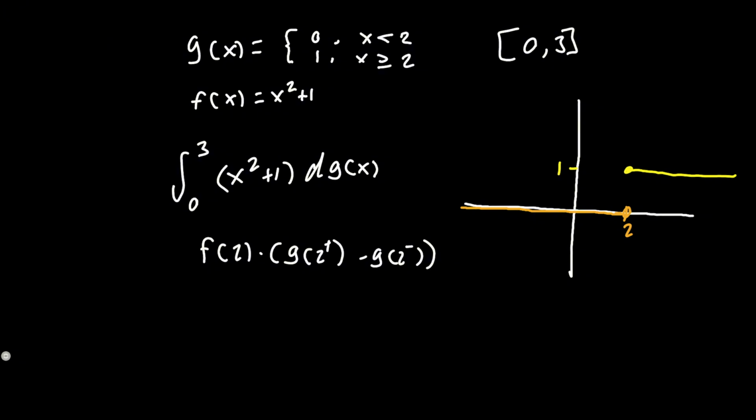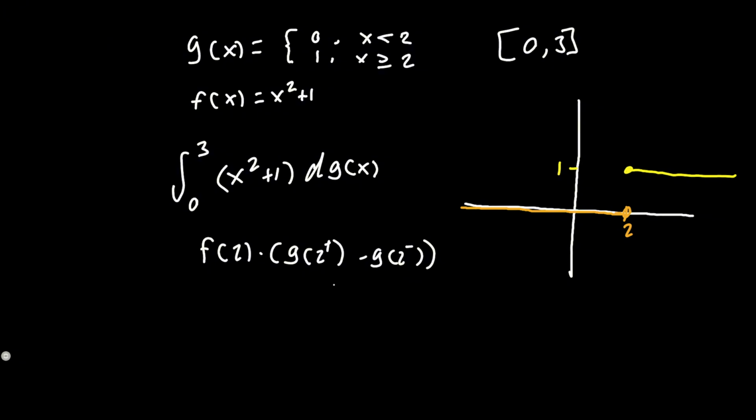The reason it becomes this is because the integral sums up values of f of x, or x squared plus 1, multiplied by the jump in g of x at the exact point x equals 2, because at x equals 2, the jump occurs.